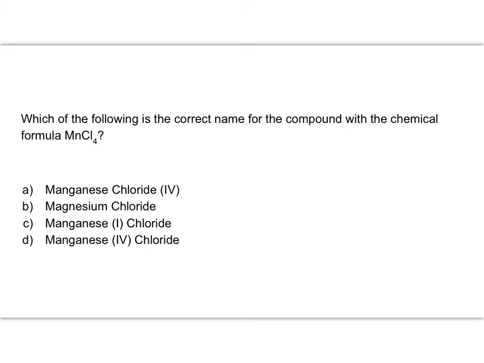All right, so now we have MnCl4. What is the correct name? This is another one similar to the last one we did. We have chlorine, which has a charge of -1, always. Then we have Mn, which is manganese, a transition element that can form multiple oxidation states.